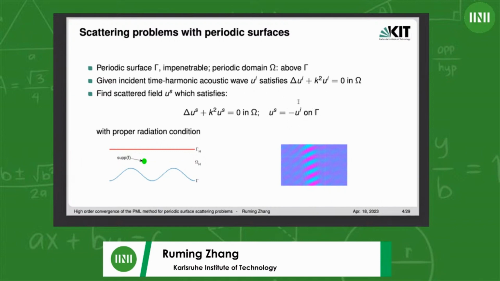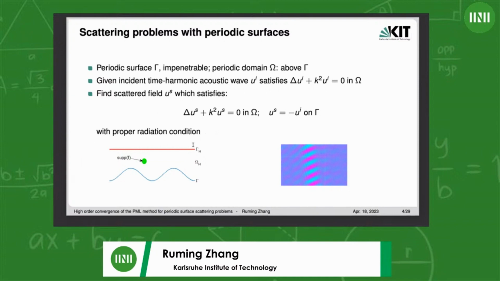But we need this boundary condition to make sure the problem is well posed. Moreover, for the scattered field, we always need that it satisfies a proper radiation condition to guarantee that it is unique and physical.